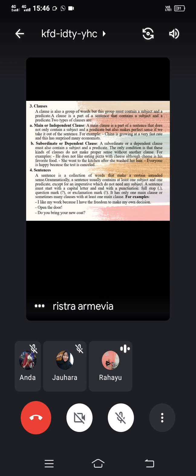A sentence must start with a capital letter and end with a punctuation: full stop, question mark, or exclamation mark. It has only one main clause or sometimes many clauses with at least one main clause. For examples, I like my work because I have the freedom to make my own decision. Open the door. Do you bring your new coats?